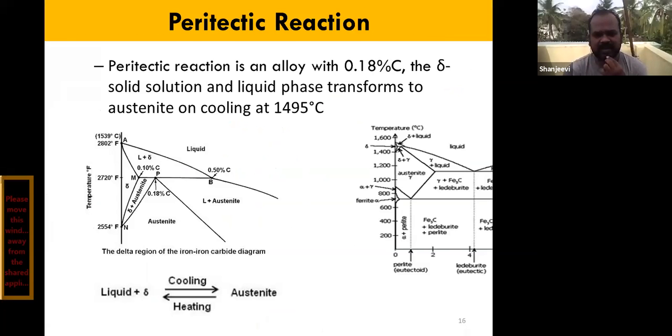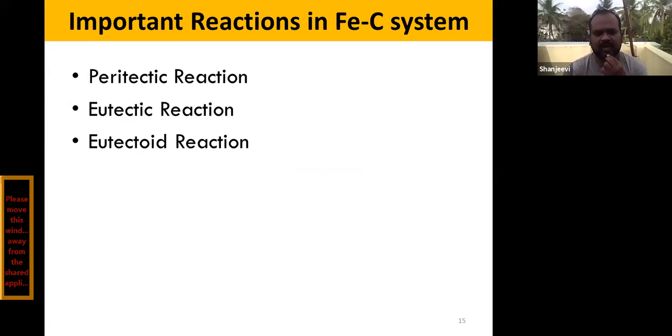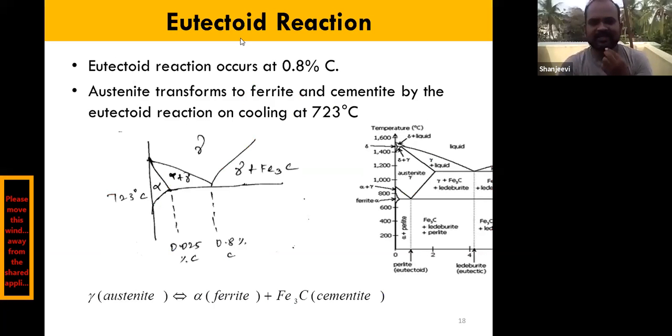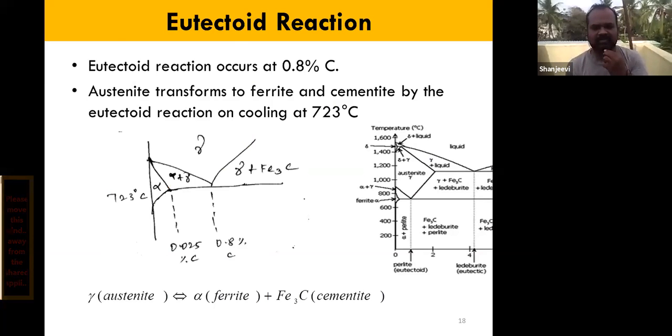Peritectic, eutectic, eutectoid reactions. So have you guys been able to understand this topic? Because this diagram is very simple. For the diagram you have to represent its phases. Some chemical terms you have to remember: ferrite, cementite, austenite.